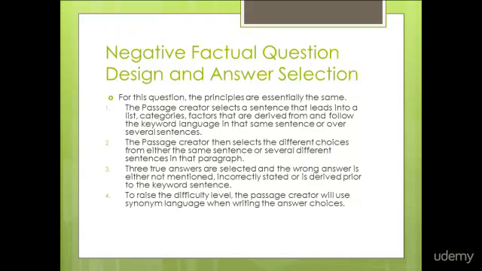They select a sentence that leads into the actual categories themselves. But then they're going to look at different sentences within a paragraph and select the answer choices for a negative factual question. So sometimes a negative factual question is the one question that's built off of different sentences within a paragraph.